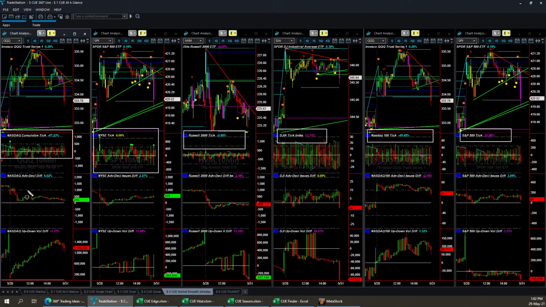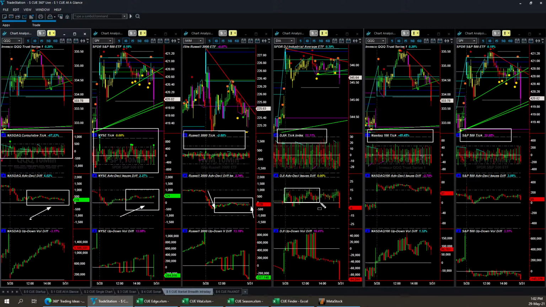If you look at the advanced decline, Nasdaq and NYSE, they were up throughout the day and closed in the positive. IWM, advanced decline, turned bearish below zero early in the morning and stayed down throughout the day, closed negative.